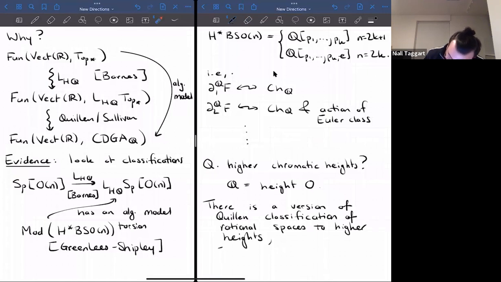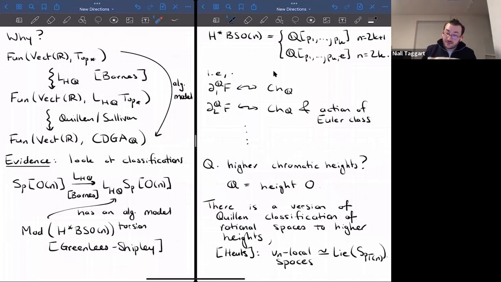Namely, this is some work of Heuts. And he says that v_n-local spaces, so v_0-local spaces being rational, are equivalent to Lie algebras in T(n)-local spectra.